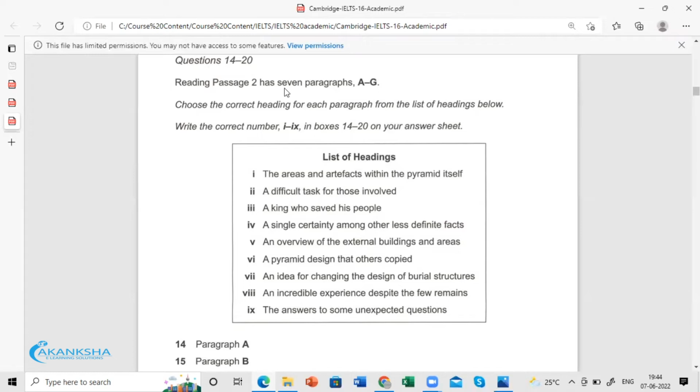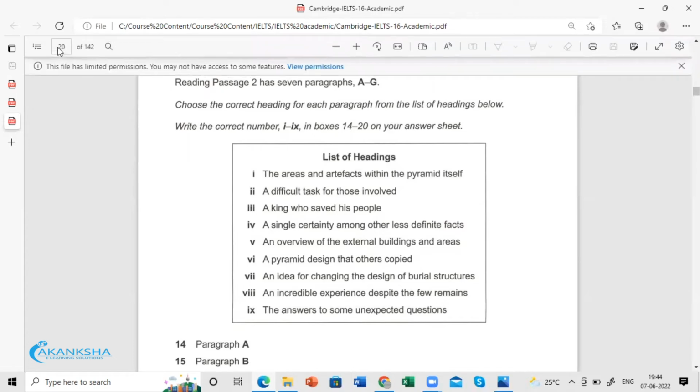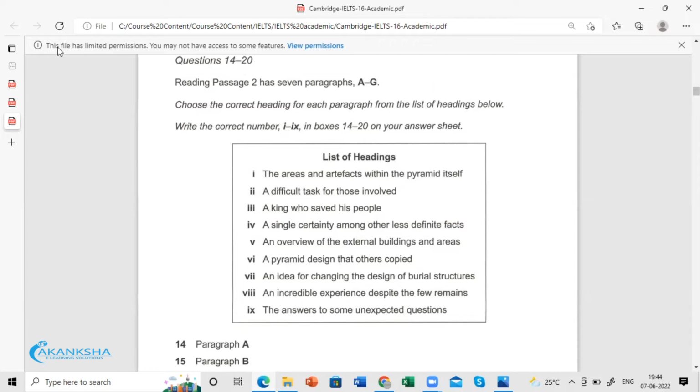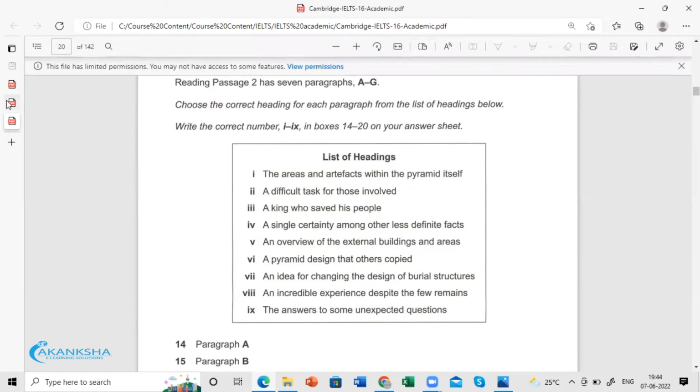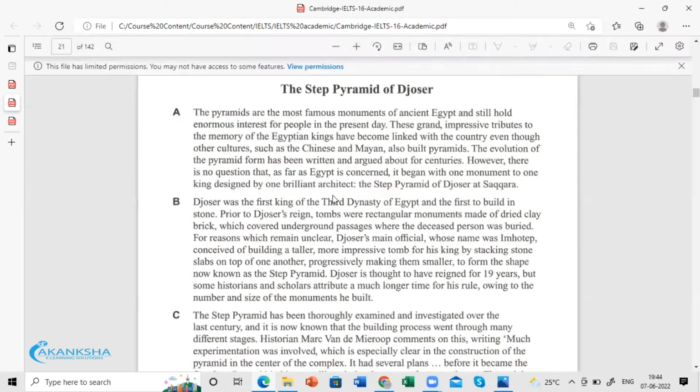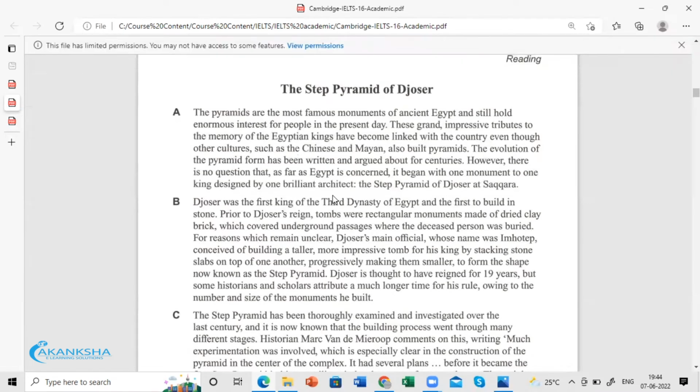The idea of changing the design of burial structures. This one is the suitable heading, I think so. Yes, because they are talking about a deceased person being buried. So they are trying to talk about smaller, bigger, rectangular, taller.